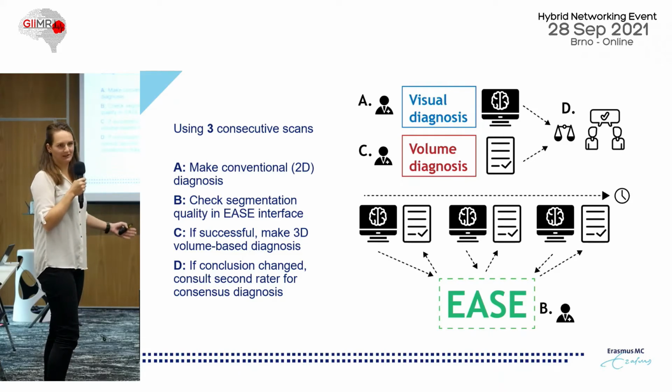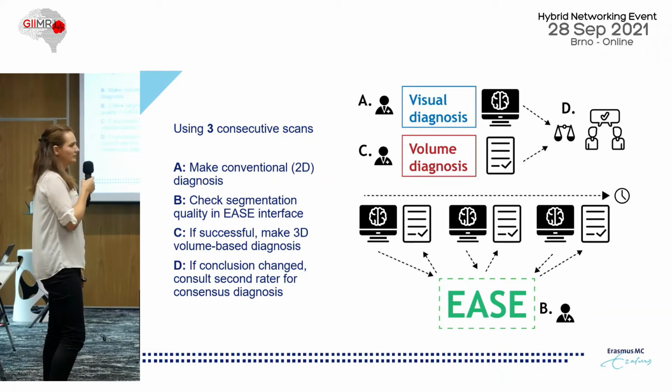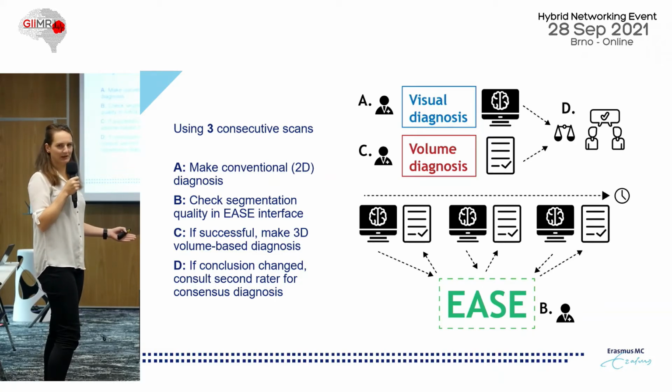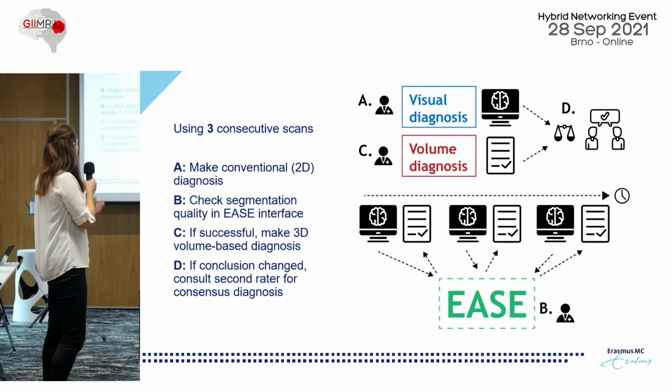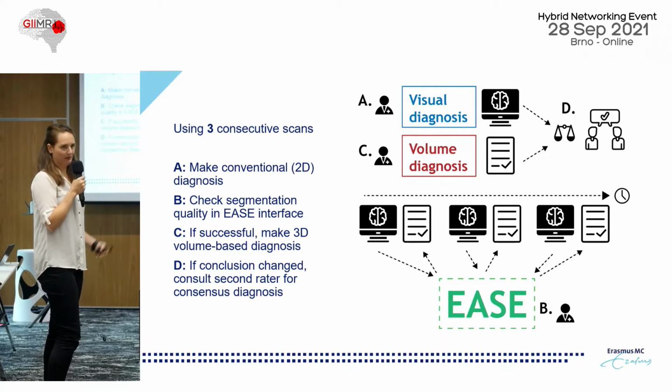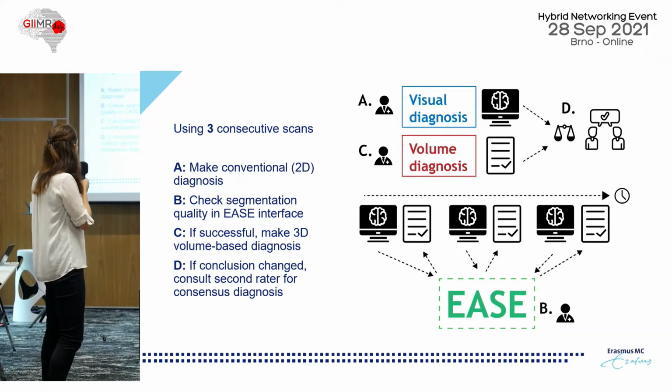This is also the case without segmentation. And we made sure that first the radiologist has to make a diagnosis based on their conventional method, so without EASE. And they do that based on the 2D measurement, if they can measure.